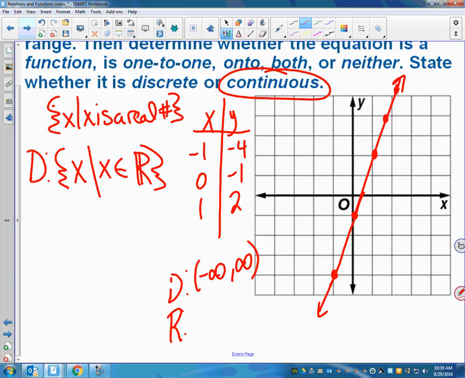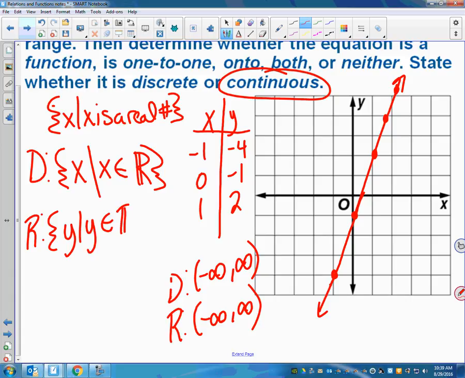So the range is also all real numbers, which we can say -infinity to infinity. How do you write it? For the range, exactly the same thing, but you're going to use y. You can say y is an element of the real numbers.